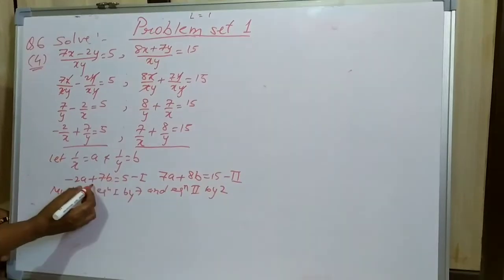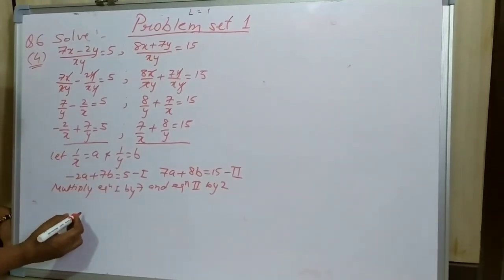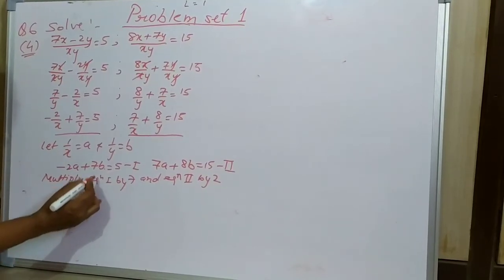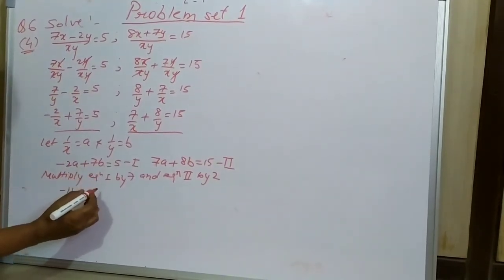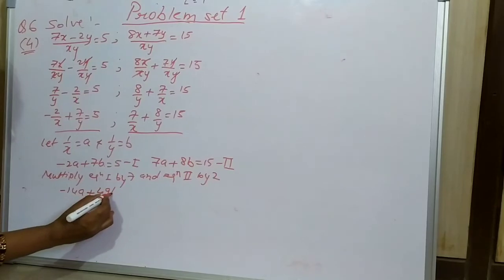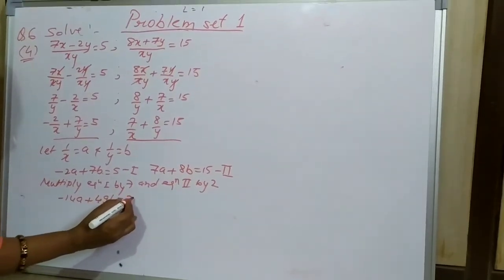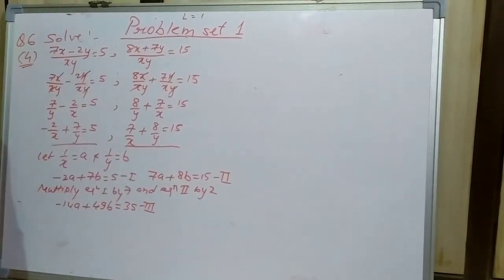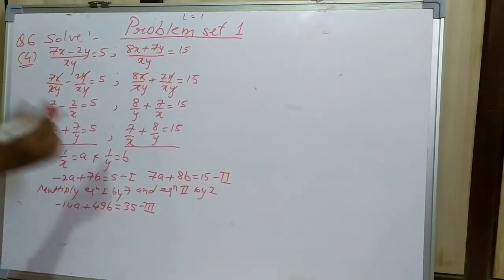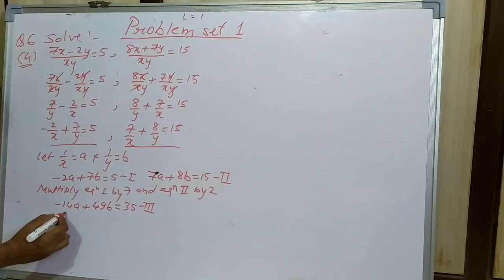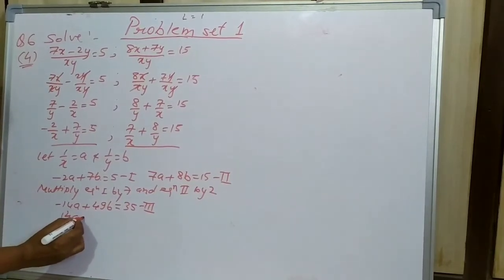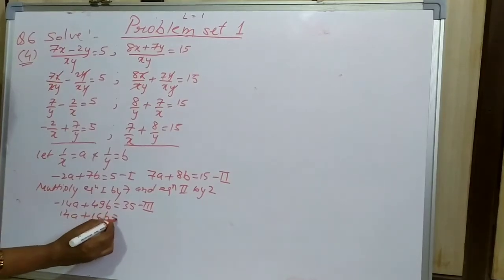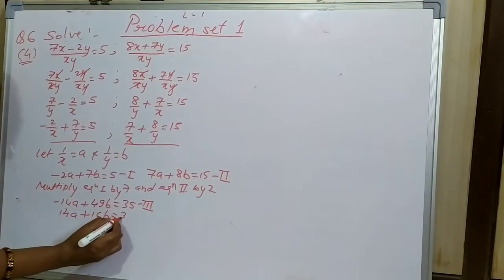So each term of the first equation you multiply with 7. 7 into minus 2 is minus 14a plus 7 into 7 is 49b, and 7 into 5 is 35. Mark this as equation 3. Now equation 2 multiplied with 2: 7 into 2 is 14a plus 2 into 8 is 16b is equal to 15 into 2, 30.